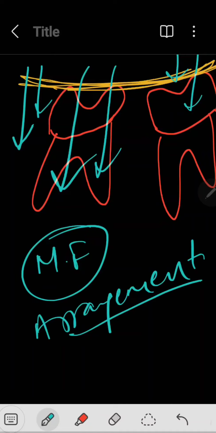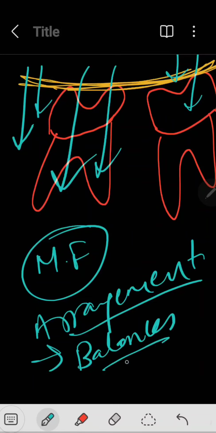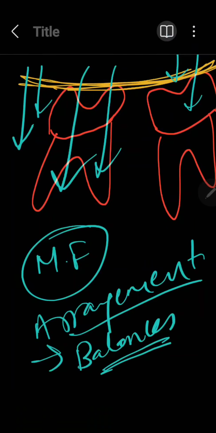If we bite on something real hard, it may break, so there must be some intraoral forces which balance all the masticatory forces acting upon the tooth. So the curve of Wilson helps in the dissipation, or provides optimum resistance, to the masticatory forces.